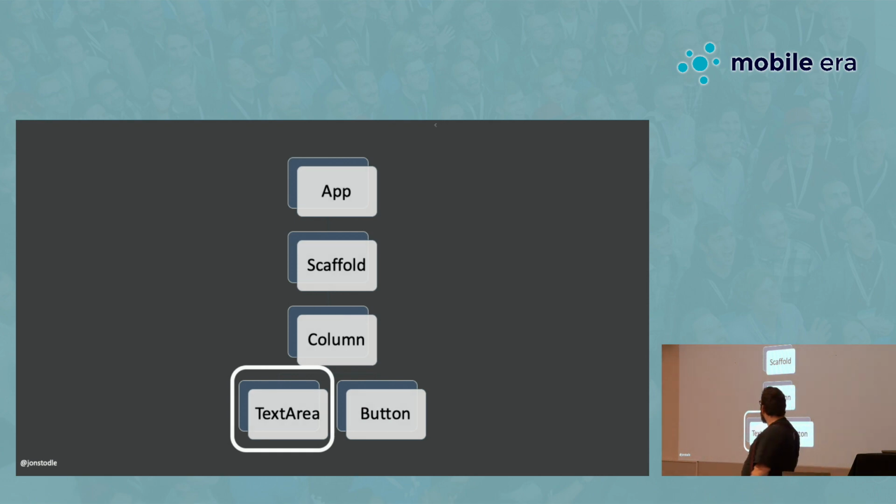So for example, if this text area down here in the left corner changes, Flutter will try as best it can to only change that part of the app. Because changing the whole visual tree, this is a really simple one. It's basically nothing. This is not much of an app. But if you have a really complex app with a very, very deep nesting tree, it's not very efficient to change the whole tree every time something changes in your app.